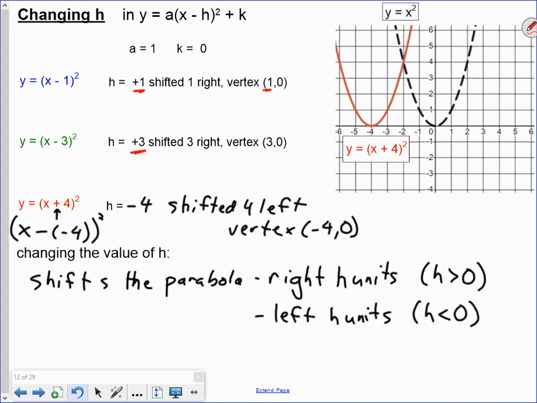Our h value is +3, the x-coordinate of our vertex is 3. Our h value is -4, the x-coordinate here is -4. And k is 0 in each case. It's telling us the y value of our vertex in each one of these. Okay? So together, values of h and k give us the coordinates of the vertex of our parabola.